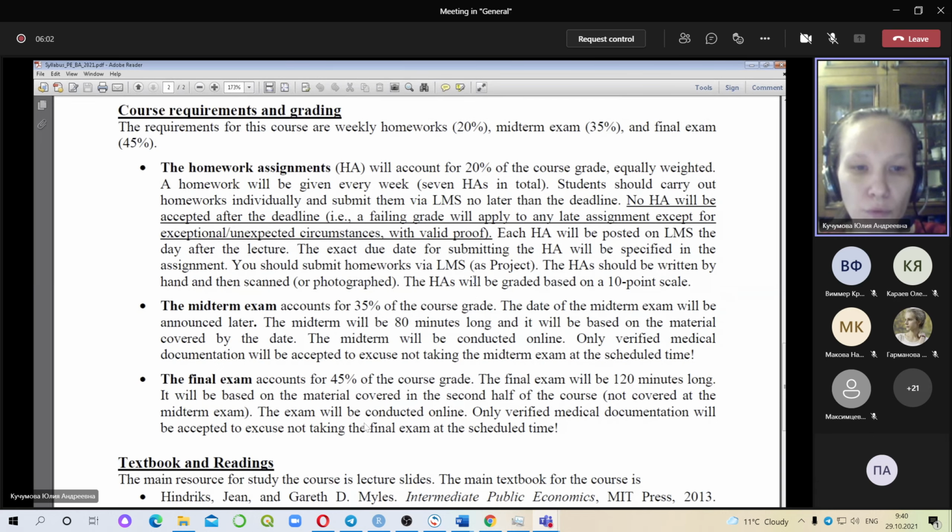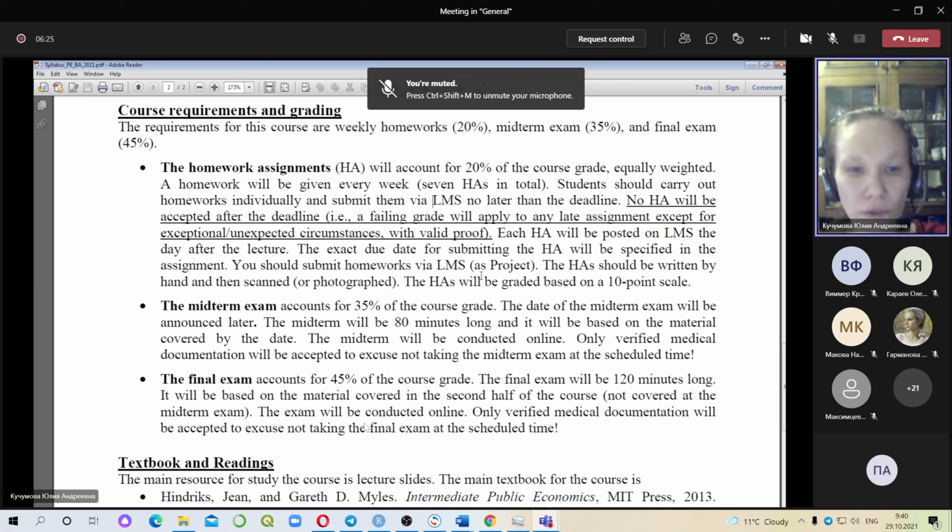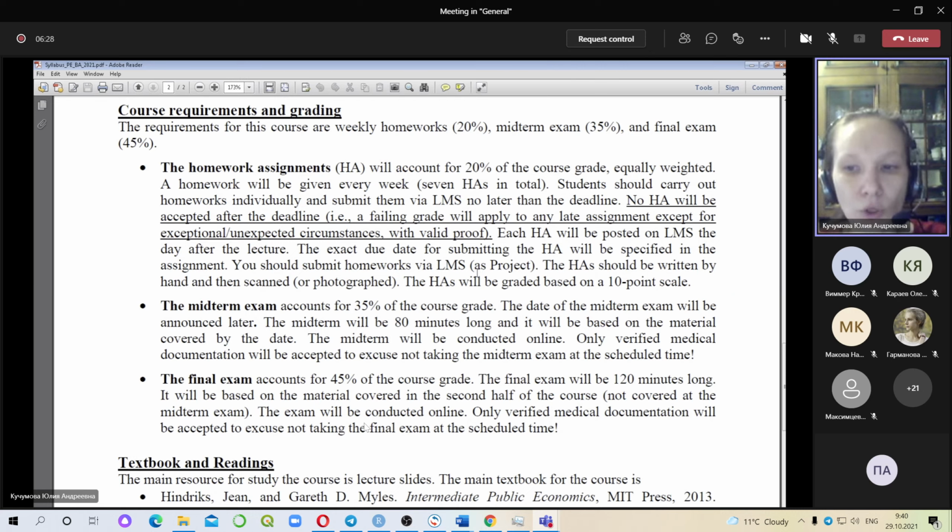With regard to midterm exam and final exam, I will send an additional announcement about the date and about the instructions. So it will be likely in Smart LMS, but this is not for certain yet. And the more detailed information is here. The syllabus is also available at LMS, so you can read it more carefully.